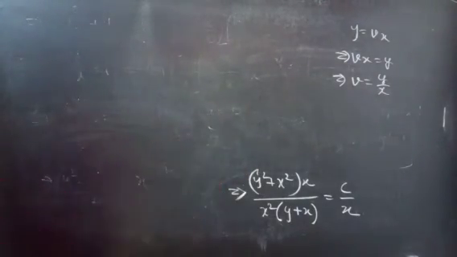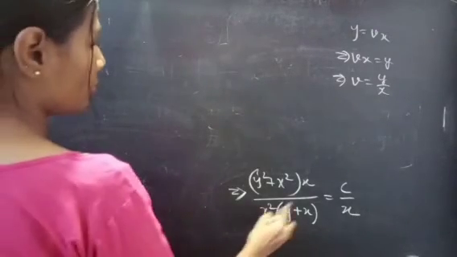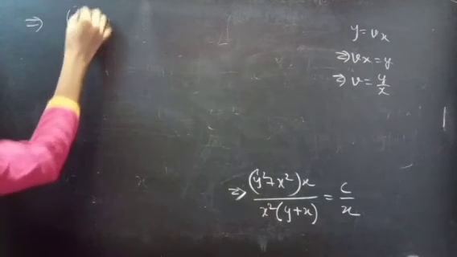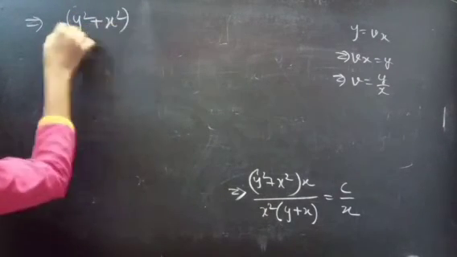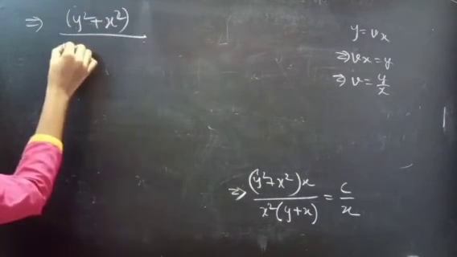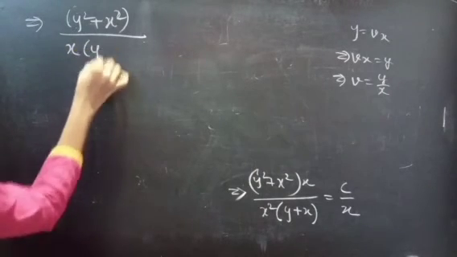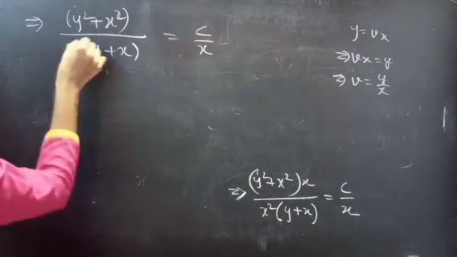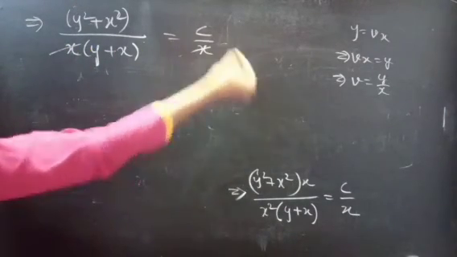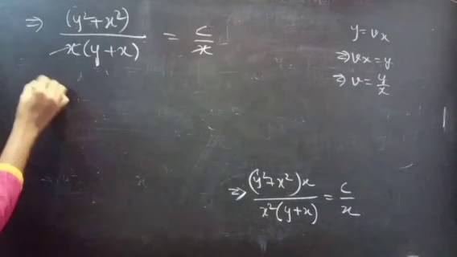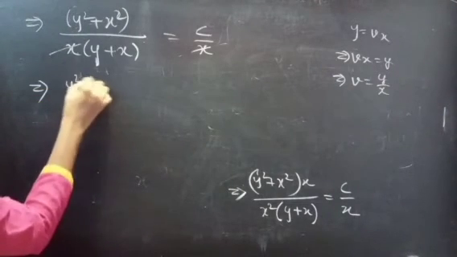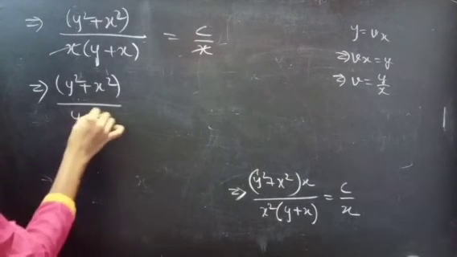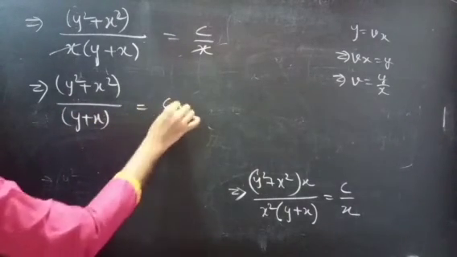So one x gets cancelled from the LHS. Then we get y square plus x square by x times y plus x equals c by x. So this x and the x from the RHS get cancelled. Then y square plus x square by y plus x equals c.